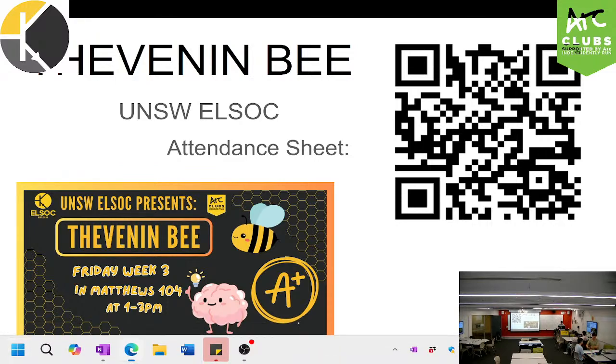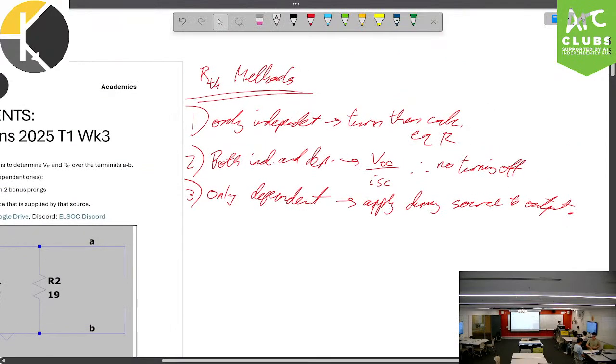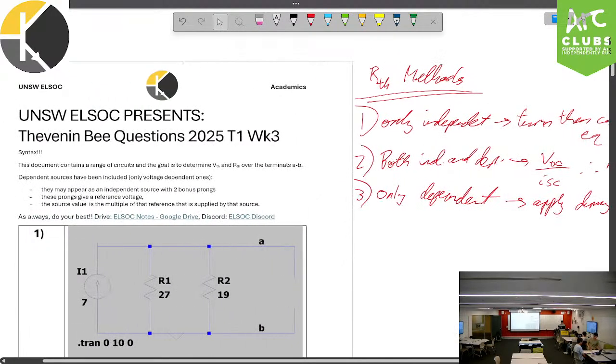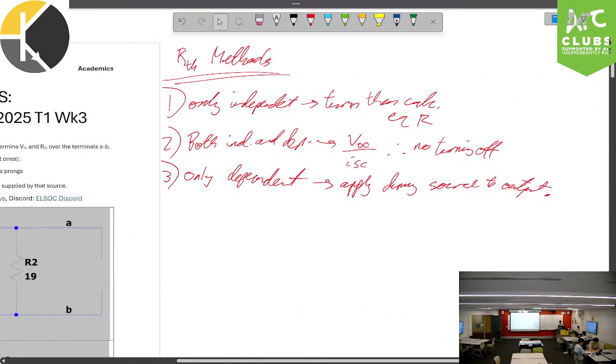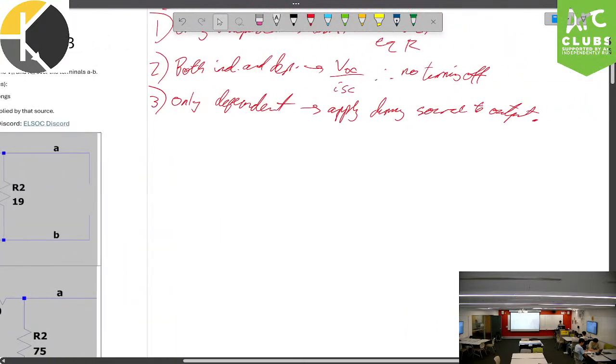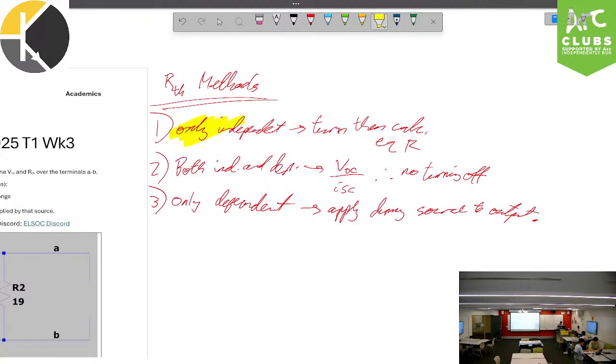So, Thevenin B, attendance sheet, moving into the OneNote. We have our Thevenin methods, and we're going to be running through these questions, alright? Let's do it. So, 3 methods as described by your lecture slides. Method 1, I've identified probably the necessity of these methods, okay?